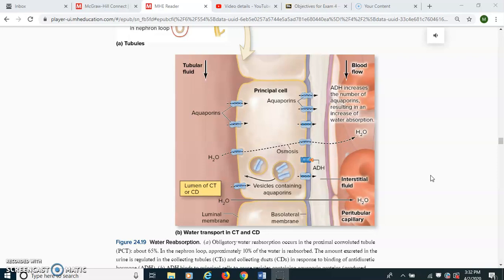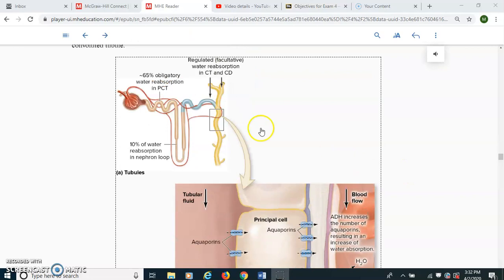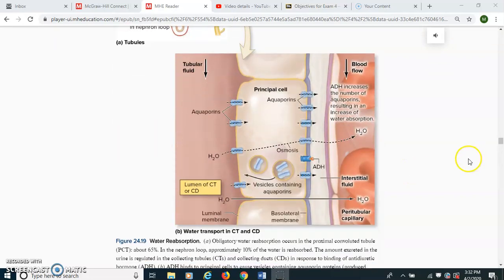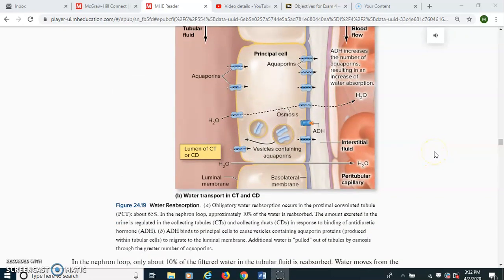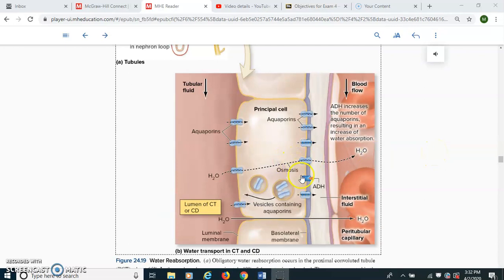So the antidiuretic hormone is the hormone that is also going to help regulate water reabsorption along the distal convoluted tubules and collecting ducts. And how it does it, the antidiuretic hormone is going to cause an increase in the number of aquaporins that are present.